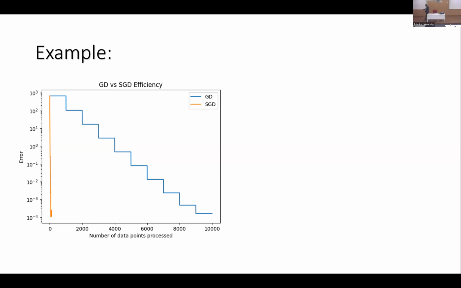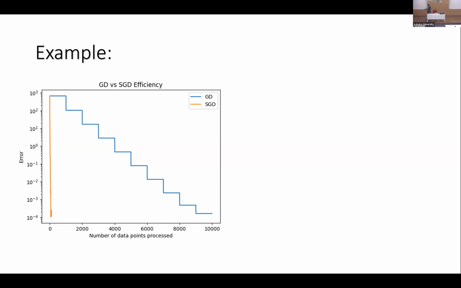So this is what would happen. What I'm showing is the error versus number of data points processed. First look at the gradient descent case. It will process the whole 1000 data points and take one step, and that step will reduce the error. That's why it looks like a staircase, because it processes 1000 points and takes one step, then 1000 points and one step.